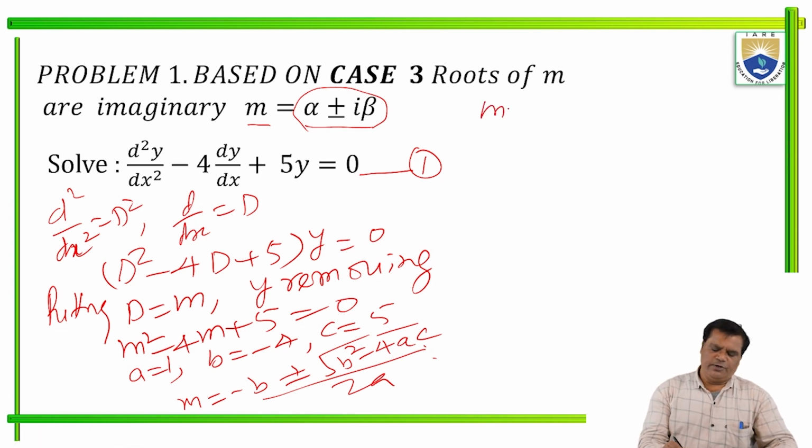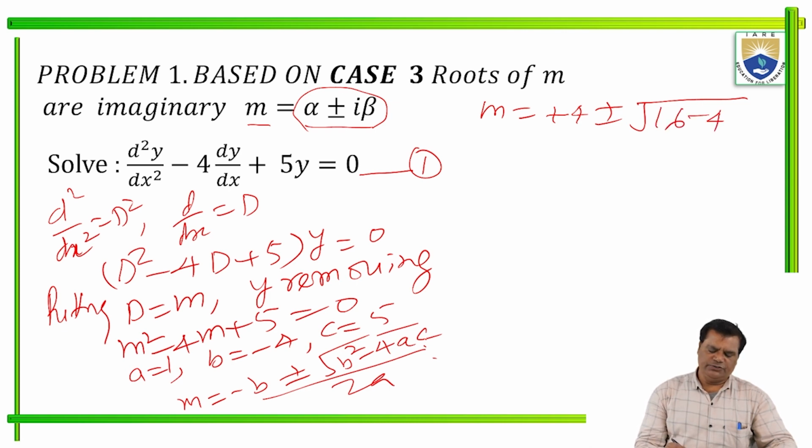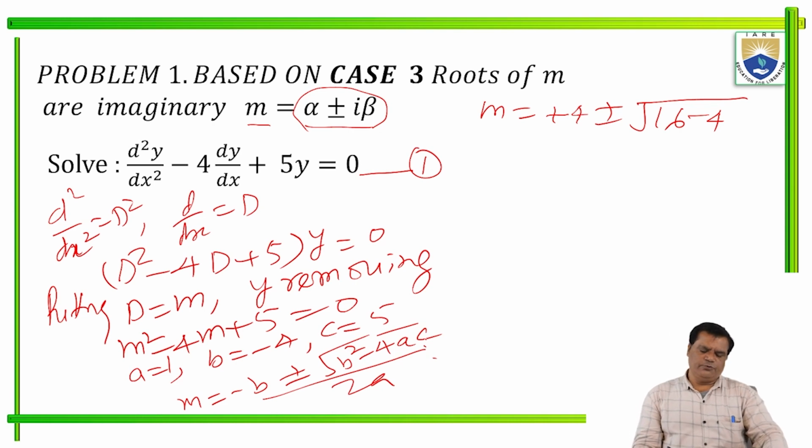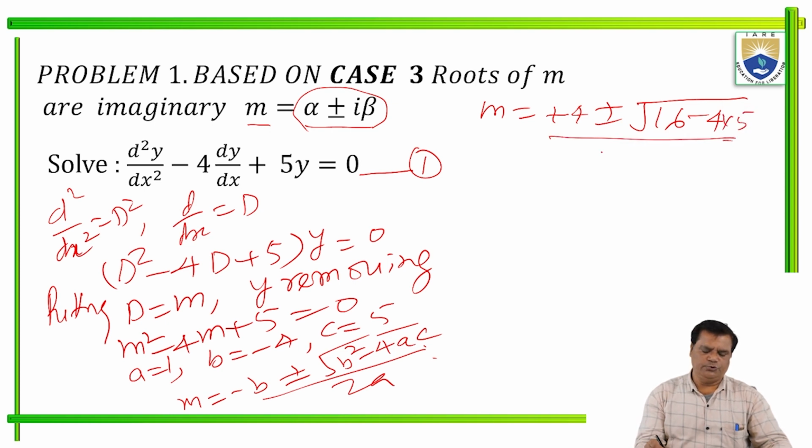So m = −b, means −(−4), which is plus 4, ± √(b² means (−4)² = 16, minus 4ac, where a is 1 and c is 5) upon 2a, 2.